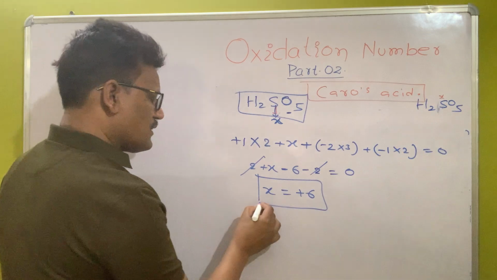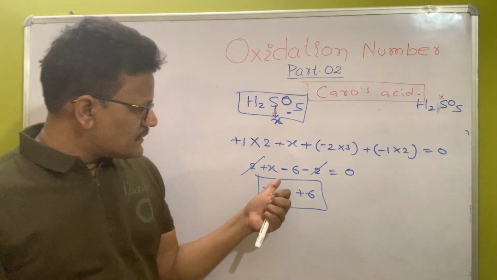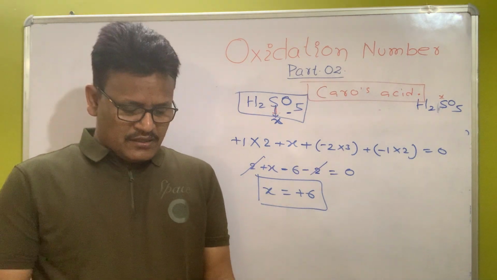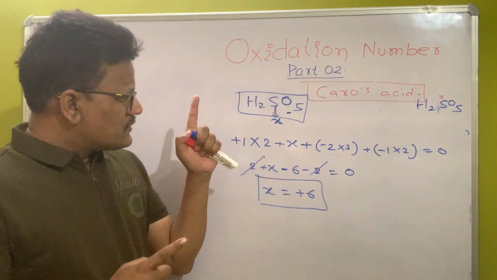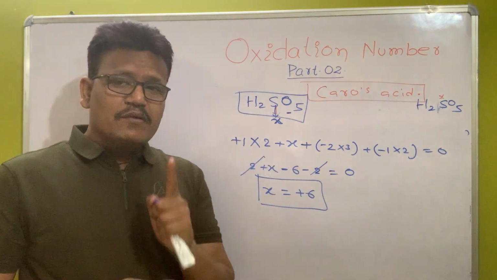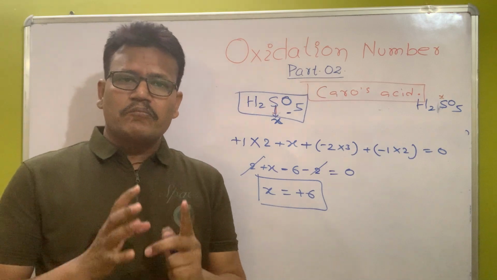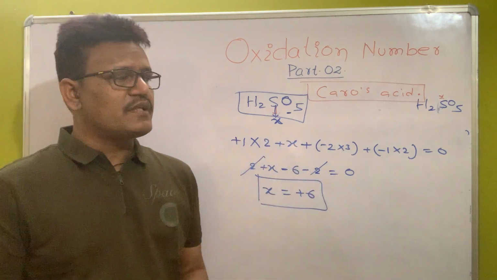So in case of H2SO5, we have +6 oxidation number of sulfur as well, because oxidation number of sulfur can never be more than +6. +6 is the maximum oxidation number of sulfur.